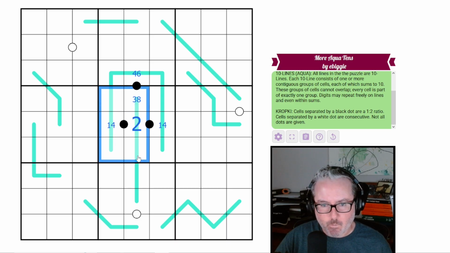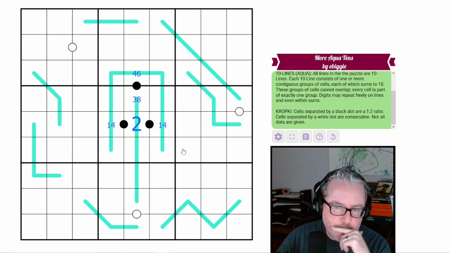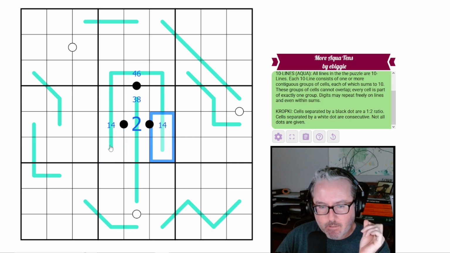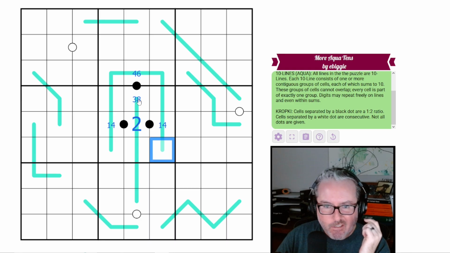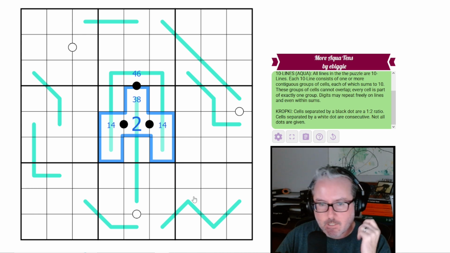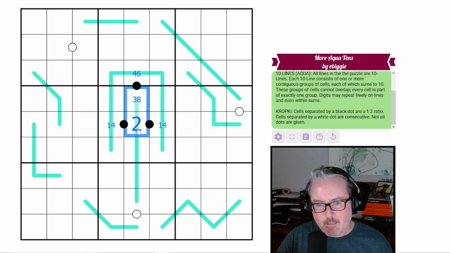There has to be some way to differentiate these, though. Question is how? Because we've done two situations where if these are 10, these two have to be 10, and these are 6s and 9s. Or if these are all 10s, and these would be 6 and 9. But we can't rule out the fact that this is a 10, and then one of these could be a 3-cell 10.